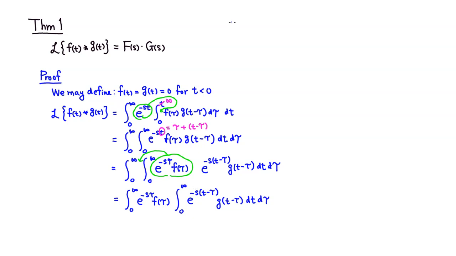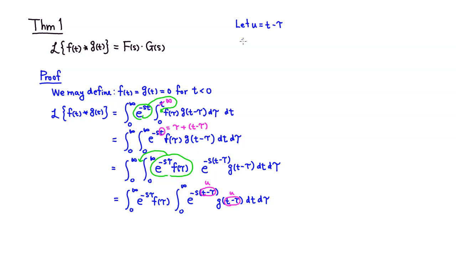Let's use U substitution. Let U be t minus tau, so that we can call this guy right here U, and call this guy U, which makes it look like the Laplace transform of g.